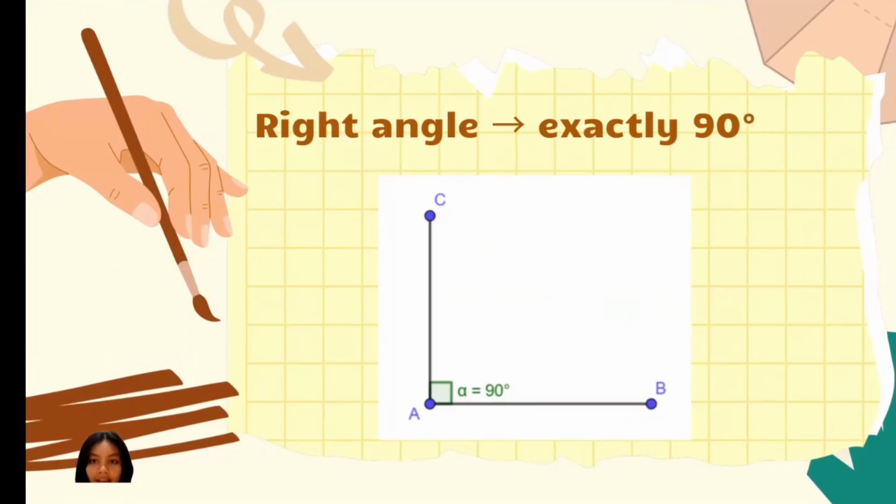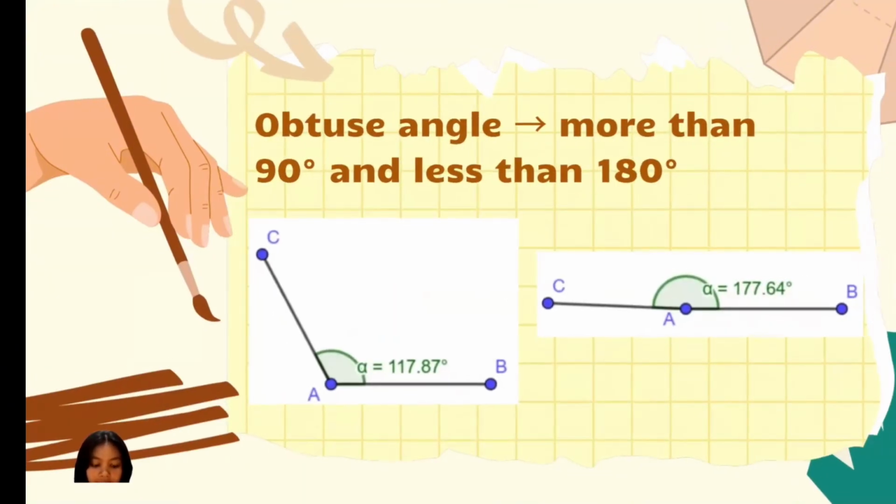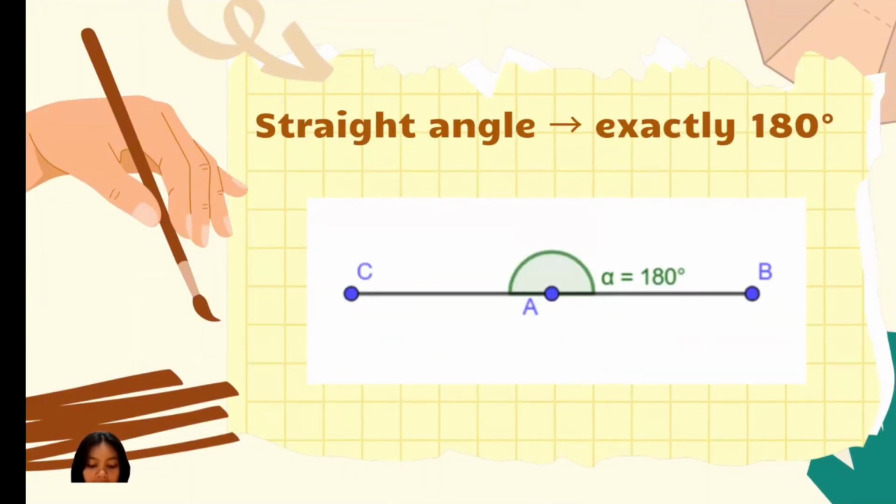Second is right angle. This is an angle that is exactly 90 degrees. Third is obtuse angle. This is an angle that is more than 90 degrees and less than 180 degrees.